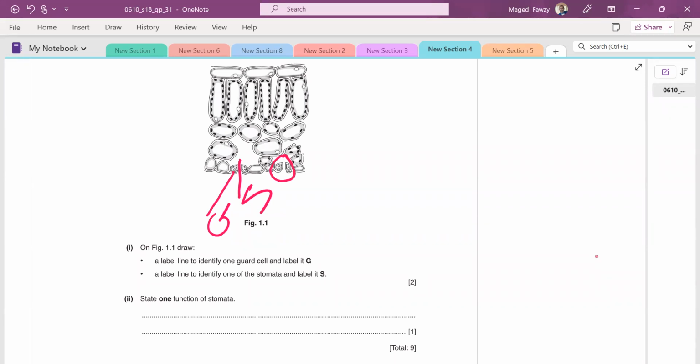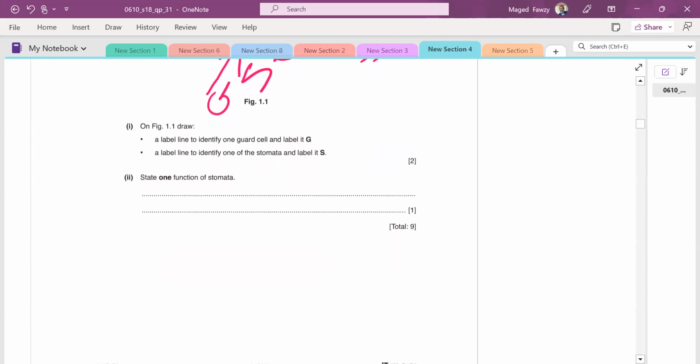Those are the guard cells or pair of guard cells. So in this diagram, we have 4 guard cells shown, 1, 2, 3, and 4. Please focus on this because you might label stomata as a guard cell or the opposite.